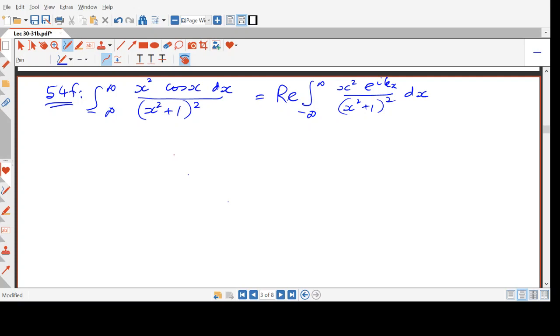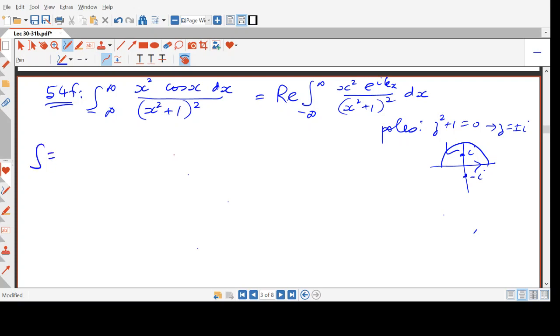Now, if you find the poles, there are only two, z squared plus 1 equals 0, so z equals plus minus i. The only one of relevance is i. You surround that by that contour, only i is of importance.